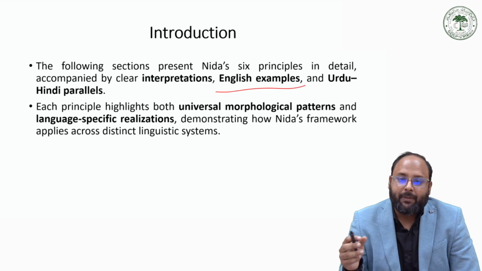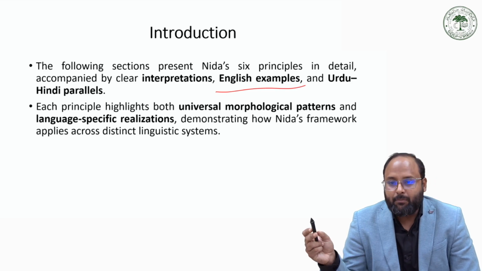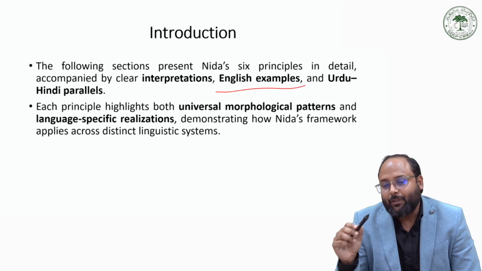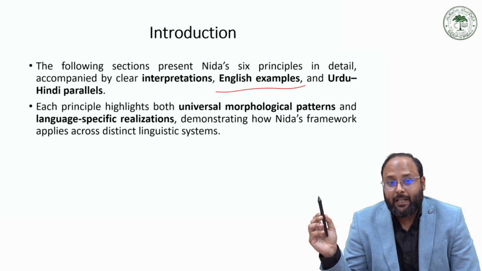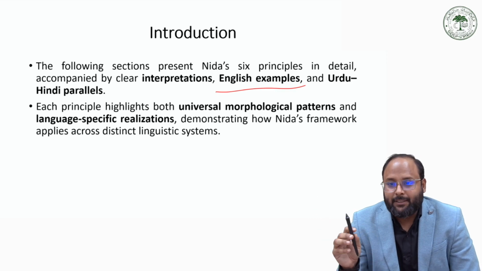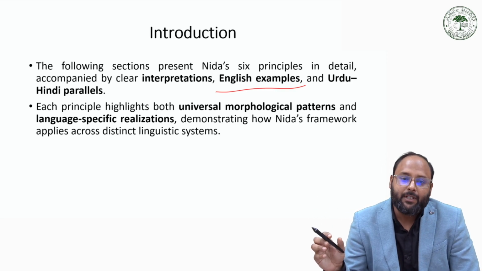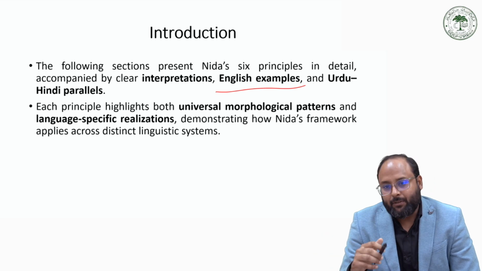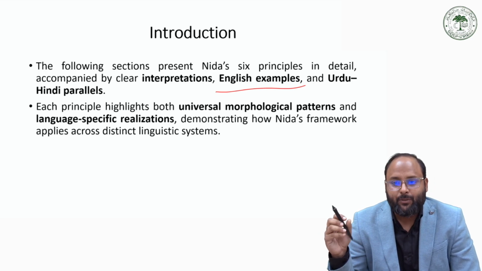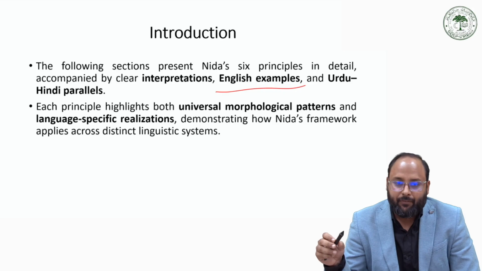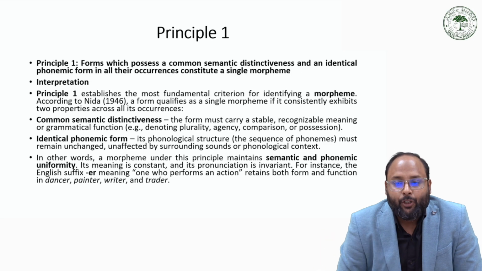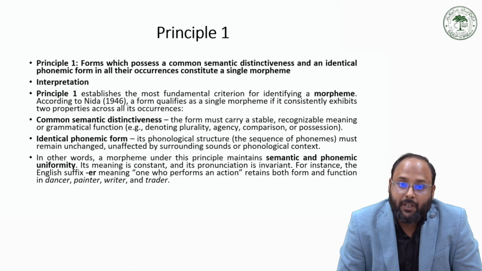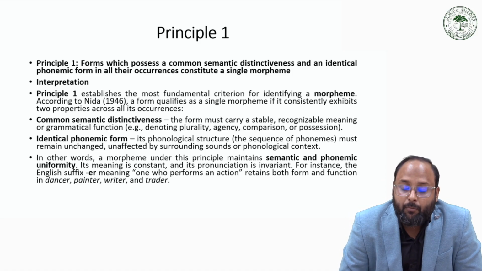These principles are universal morphological patterns, meaning they can apply for the identification of morphemes in any language. Some patterns are language specific, but on all these bases, you can identify different morphemes across different linguistic systems. So that is the first principle of Nida for identification of morphemes.